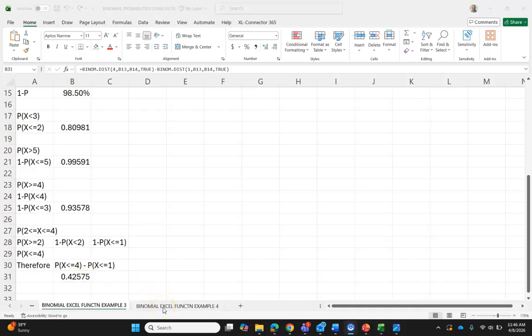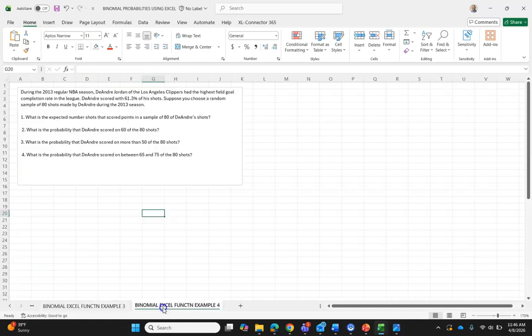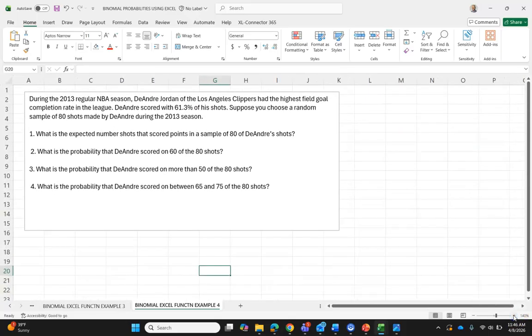So I'm going to ask you to complete example number 4 before you submit this homework assignment. So it says, during the 2013 regular NBA season, the Andre Jordan of the Los Angeles Clippers had the highest field goal completion rate in the league.